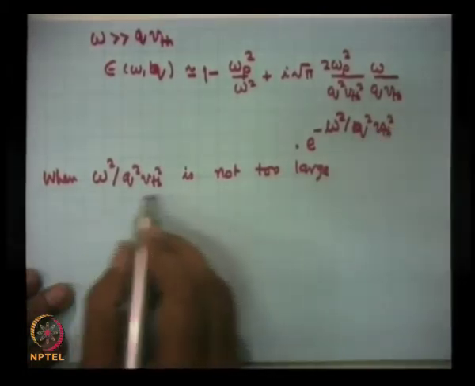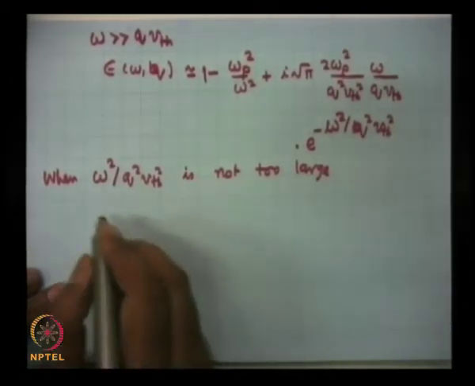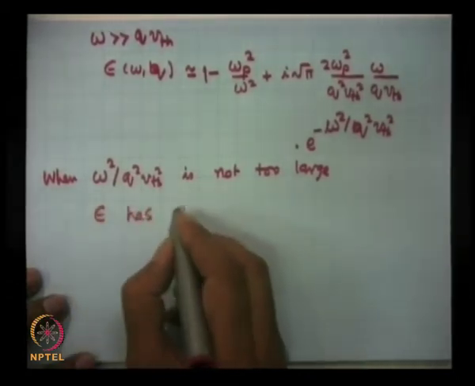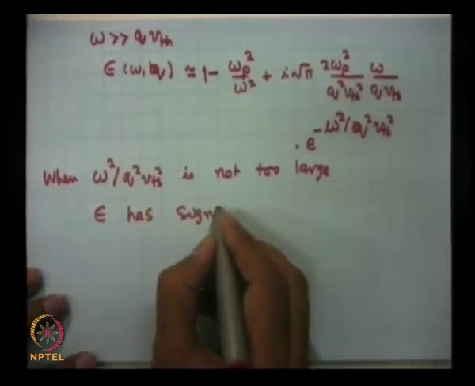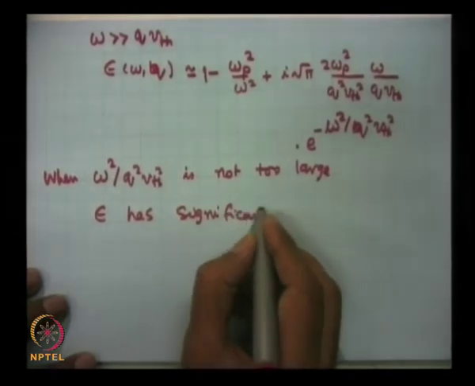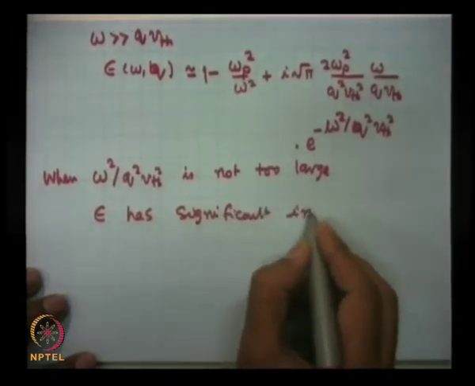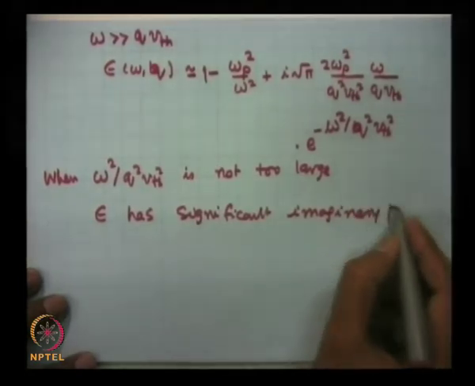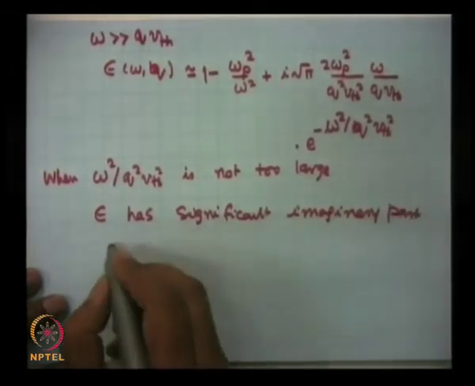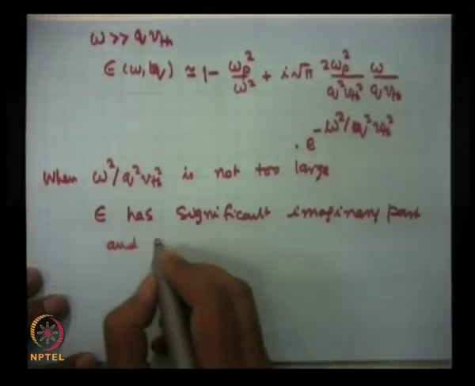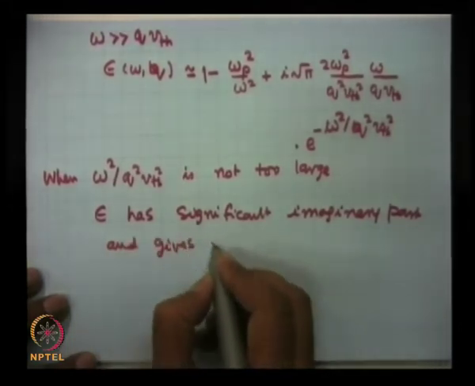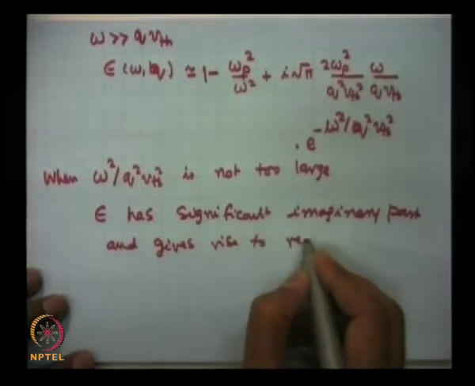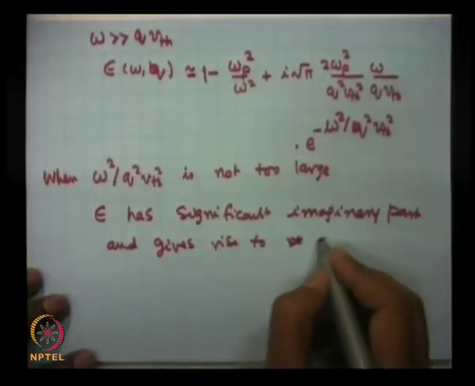So, when this quantity is not too large, epsilon has a significant imaginary part and gives rise to anomalous resistivity.